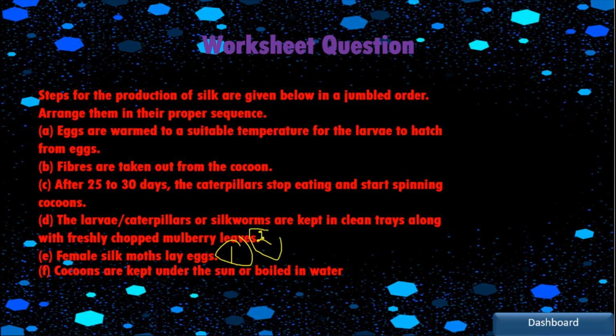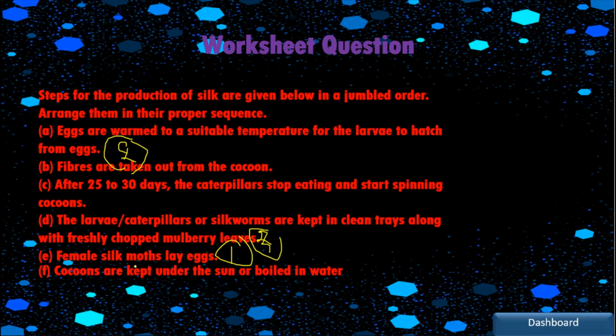So they are hatched, the larvae or caterpillars. So second is this, right? Eggs are warmed to suitable temperature for larvae to hatch from the eggs. So this is third.